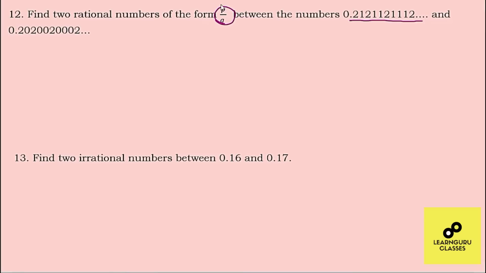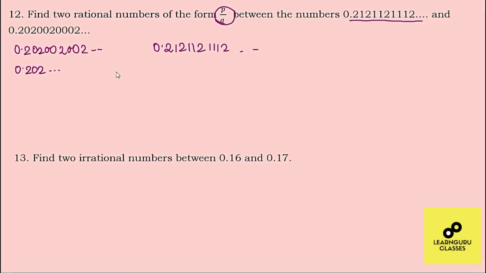The smaller number is 0.2020020002 and the larger number is 0.2121121112. Just find the approximation of these two numbers, then it will be easier. So 0.202 is the approximation of this number and 0.212 is the approximation of this number.